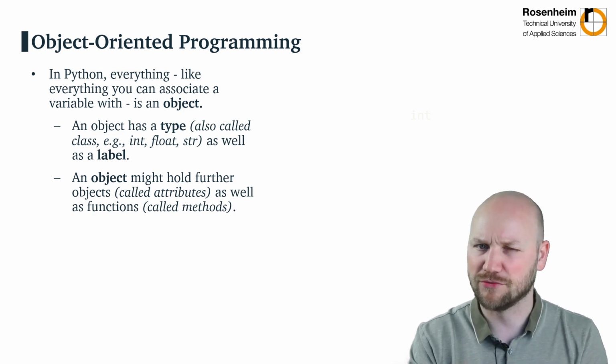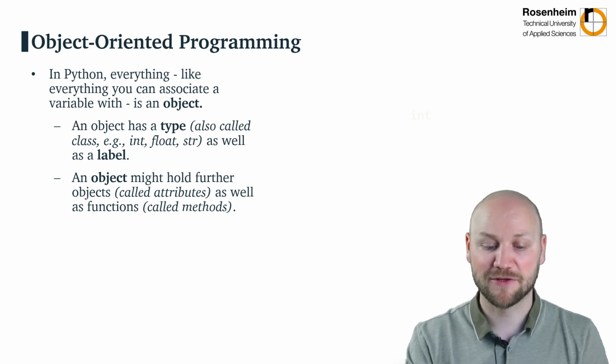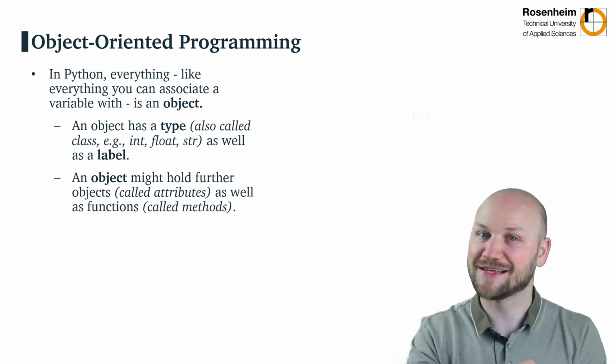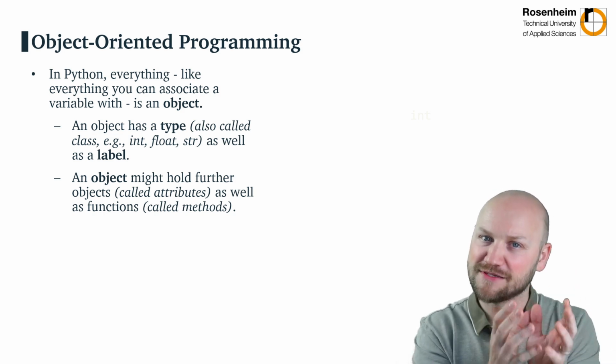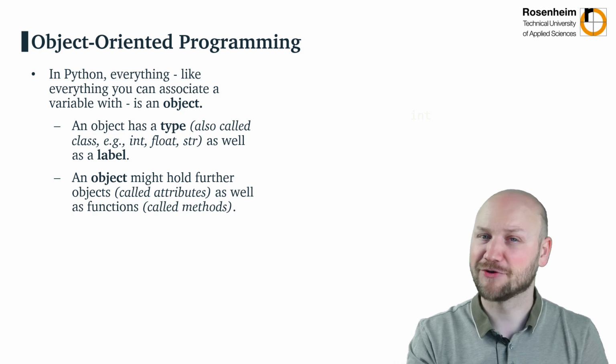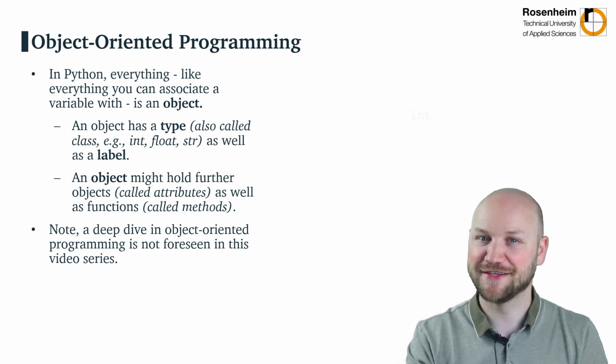That's not what we are looking into too much in the course, these attributes, but we can also have a function that is linked to an object. It's a method for specific objects, and these are called methods. Again, we are not making a deep dive into object-oriented programming as it is not foreseen in the video series.